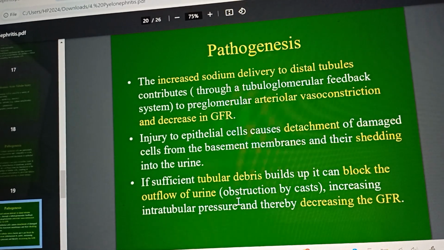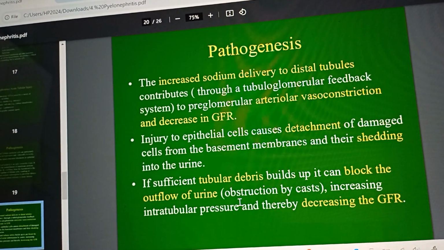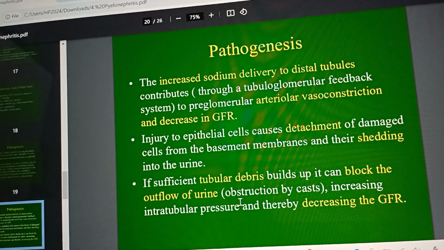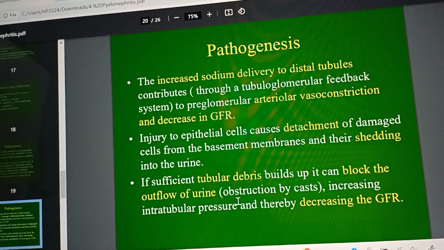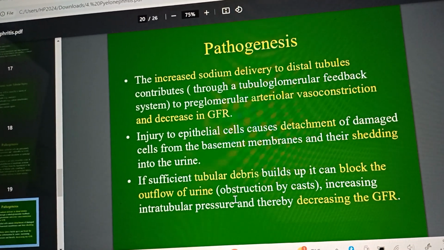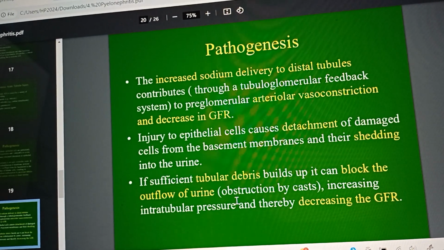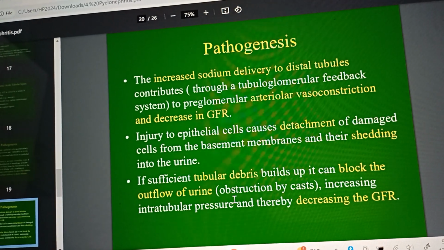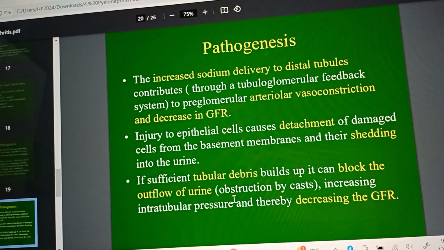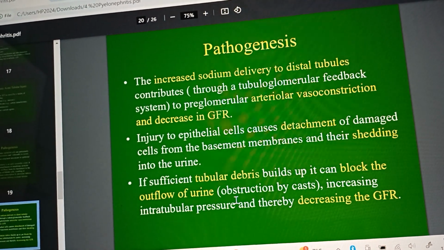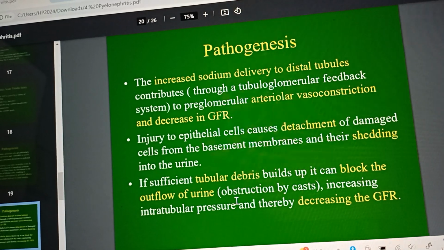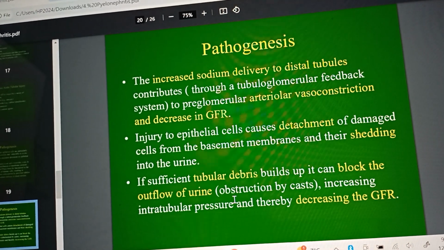GFR is more decreased. If we try to understand this: because of the redistribution of the sodium potassium pump, more sodium is coming to the distal tubule, which is causing increased arteriolar vasoconstriction. So the glomerular filtration rate is more decreased. As it is decreased, the epithelial cells are detached and shed, and they will block the outflow of the urine.